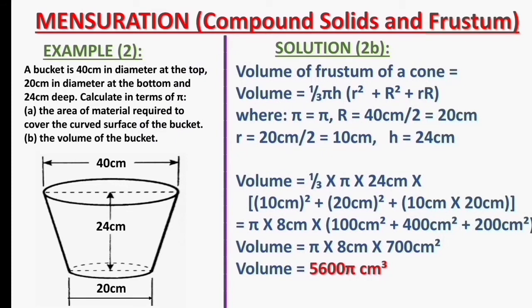To solve for the volume of the bucket, the volume of a frustum of a cone, the formula is 1/3 pi h into small r squared plus big R squared plus small r times big R. Substituting the values for these parameters into the formula and calculating, the volume of the bucket in terms of pi is 5600 pi centimeter cube. I hope question 2 is clear to you.